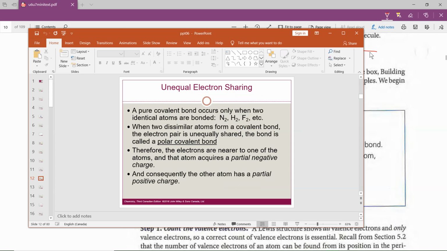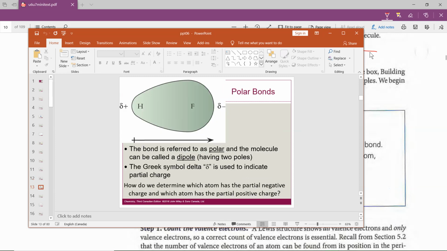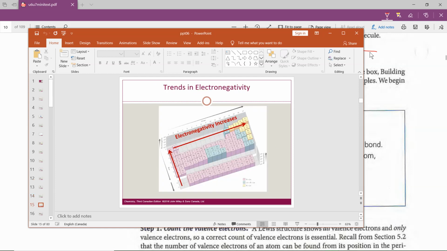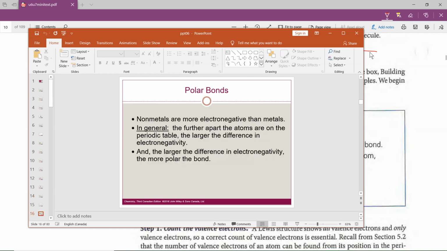Non-bonding and bonding overlap, unequal electron sharing, there we have delta electronegativity. It's not a bad idea to look at these notes if you want things in a quick, shorter, concise form.